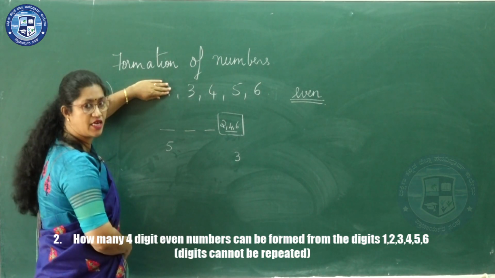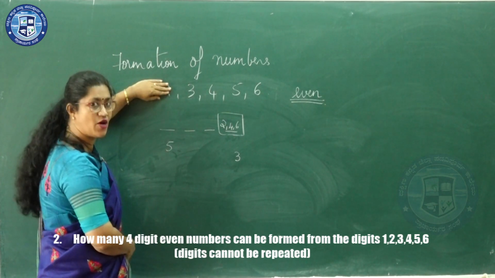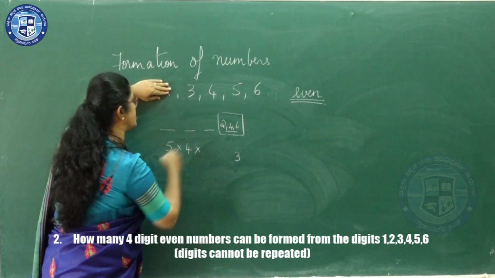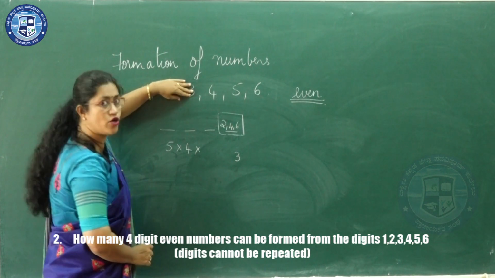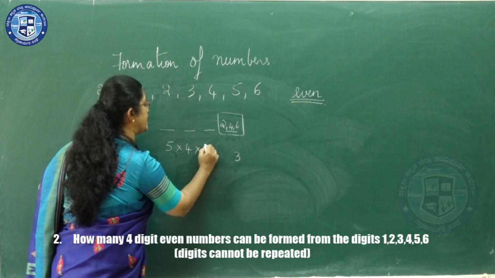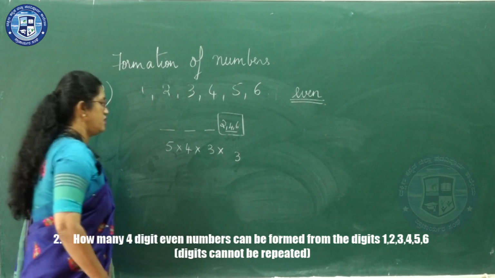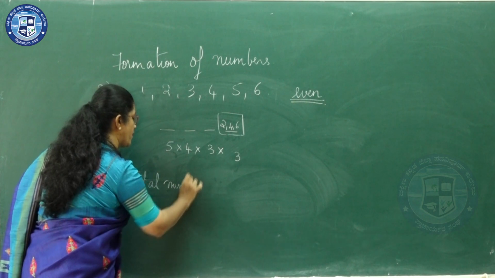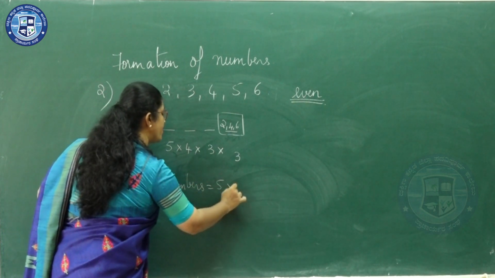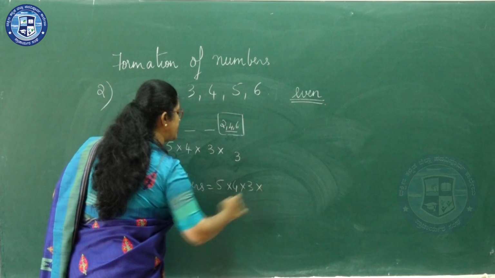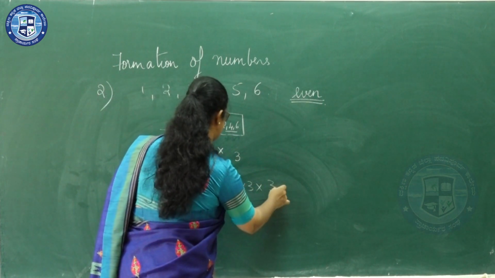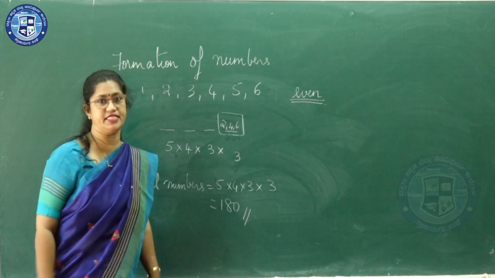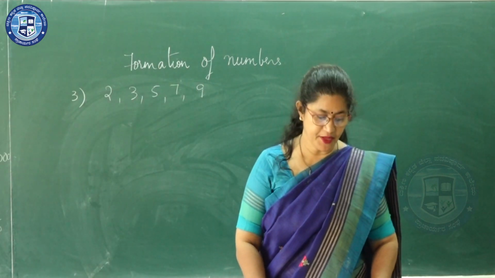Now 2 numbers are gone, so I have 4 ways. 3 numbers are gone, so now the remaining place can be filled in 3 ways. So the total numbers is 5 into 4 into 3 into 3, and that is 180.